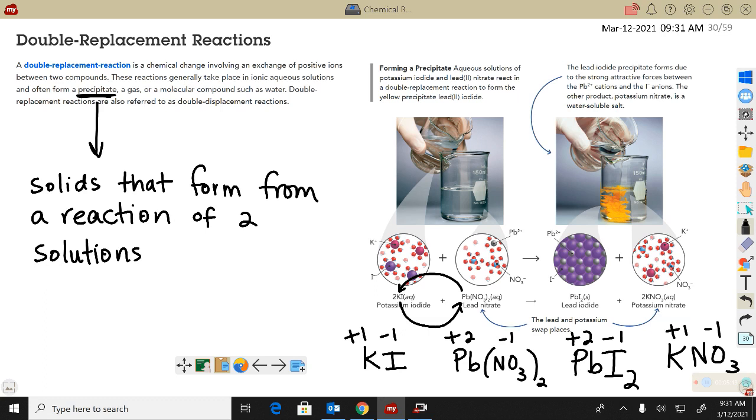In this case, it's the lead and the iodine, that when they come together, they form a pretty strong bond, so that they'll actually drop out as a solid. Whereas the potassium and the nitrate, they stay aqueous, which just means that they're still ions swimming around in the solution. But it's a good visual of what this reaction looks like. You've got that solid form. It's like a cloudy yellow solid.